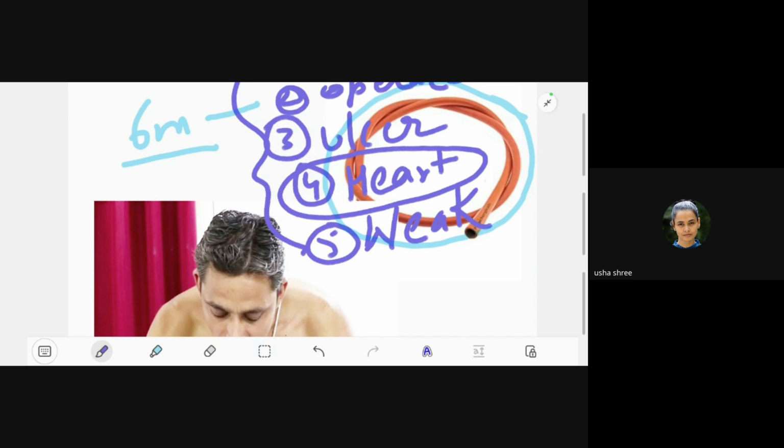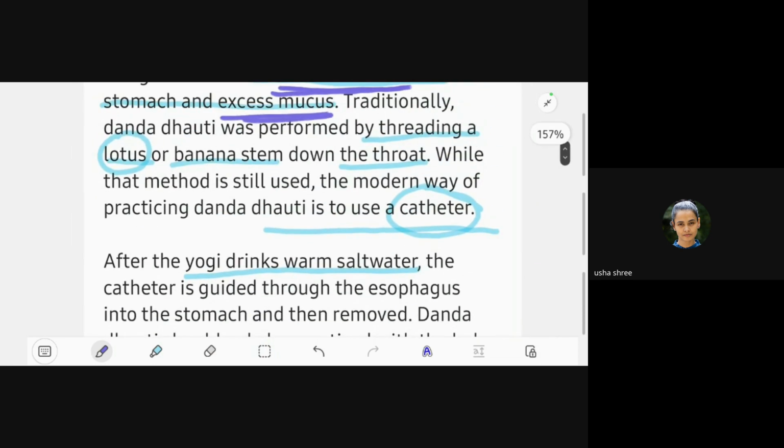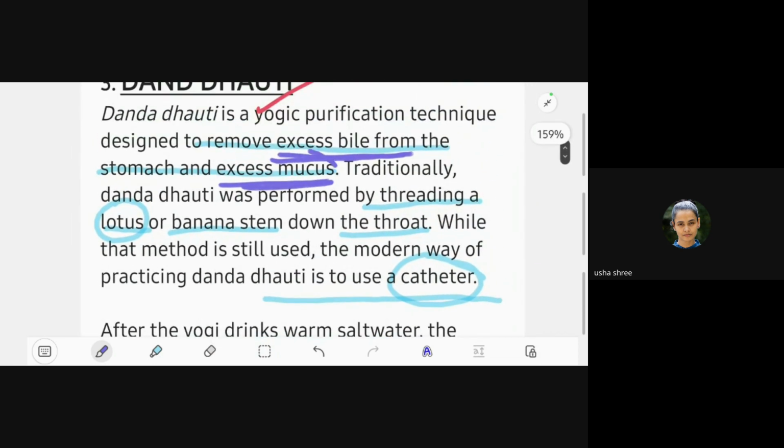No esophageal problem or windpipe problem would occur, because it will open the blockages. It will remove the excess mucus. Excess mucus is found in our body in the belly region and in the chest region. Okay, it's always fine over there.